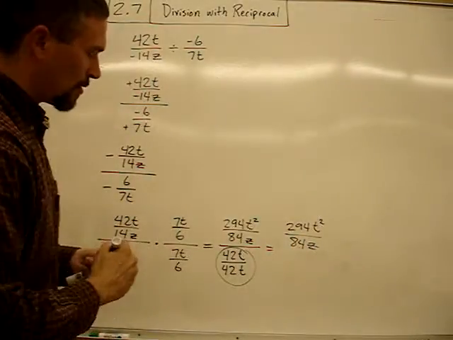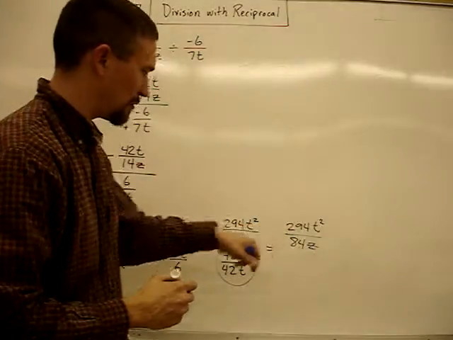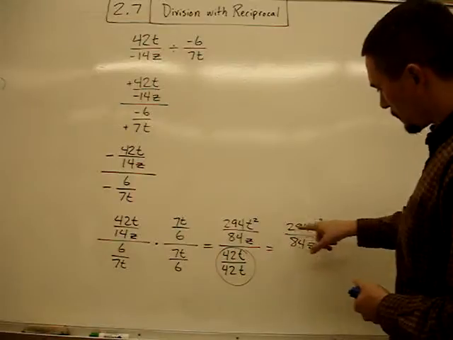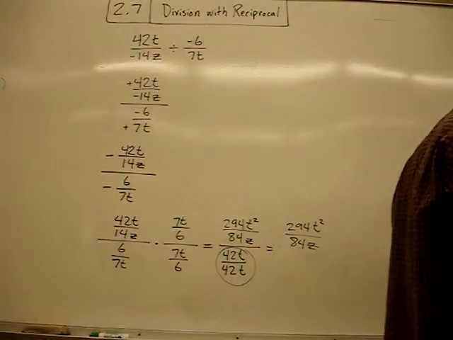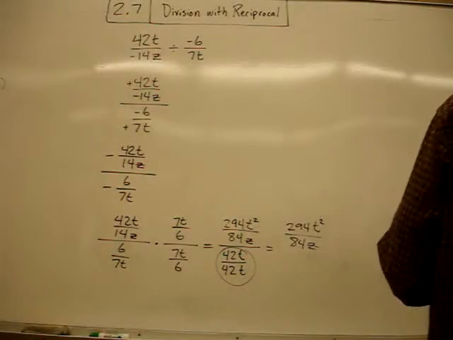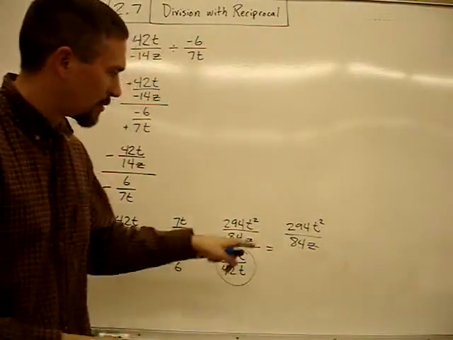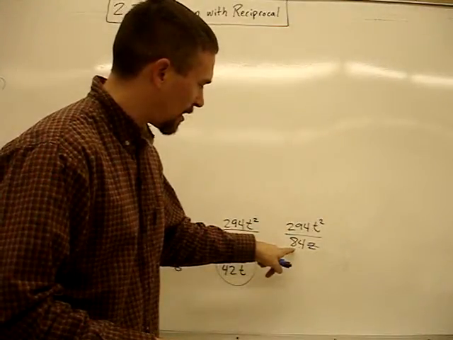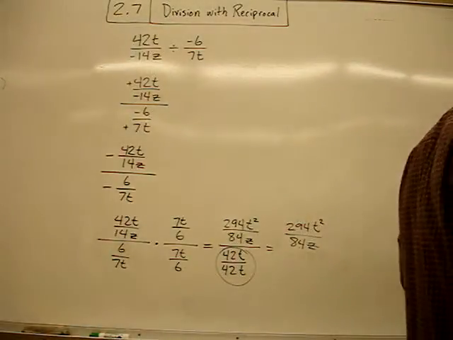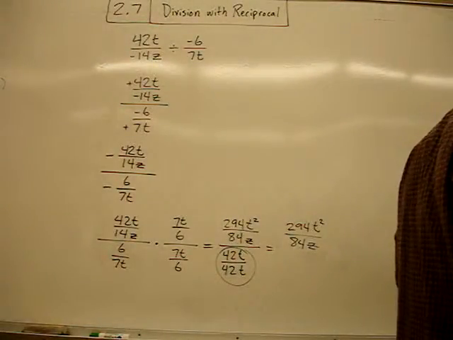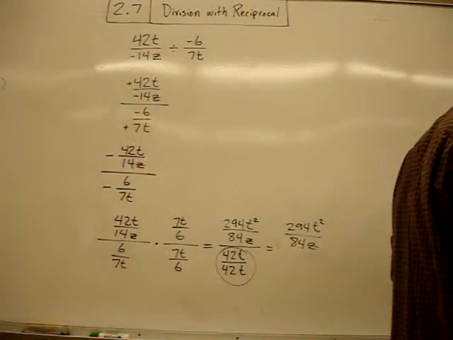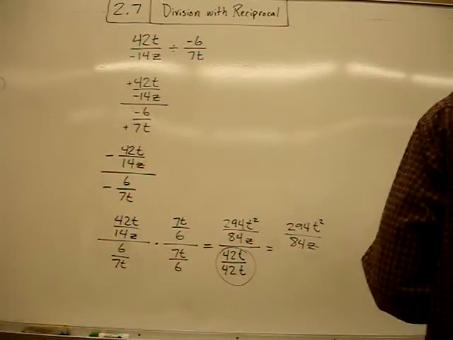And now we essentially have our answer, but we need to reduce this fraction. What we want to know is, how many times does 84 go into 294? I'll go ahead and use my calculator. 294 divided by 84 is 3.5, so it doesn't go in evenly. So now I'm going to see if half of this will go into that. Half of 84, we'll try 42. 294 divided by 42 does go.